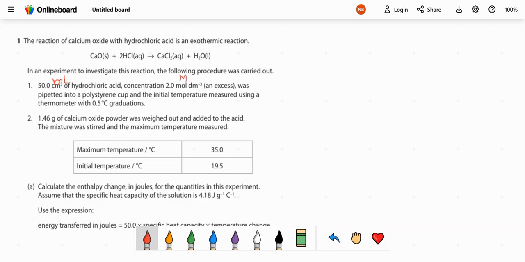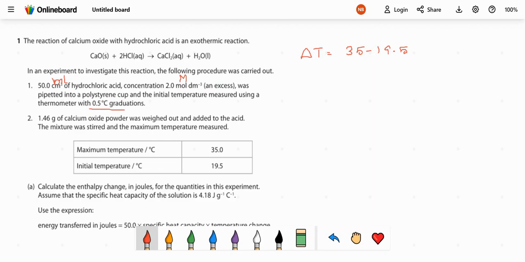Then they have given the thermometer reading and everything. 1.46 gram of calcium oxide powder they are taking, and the temperature change they have given. So delta T we will find out. Delta T will be 35 minus 19.5. It is not necessary to worry about the unit of the temperature scale when finding delta T. Delta T means change in temperature, and the change can be in any unit.